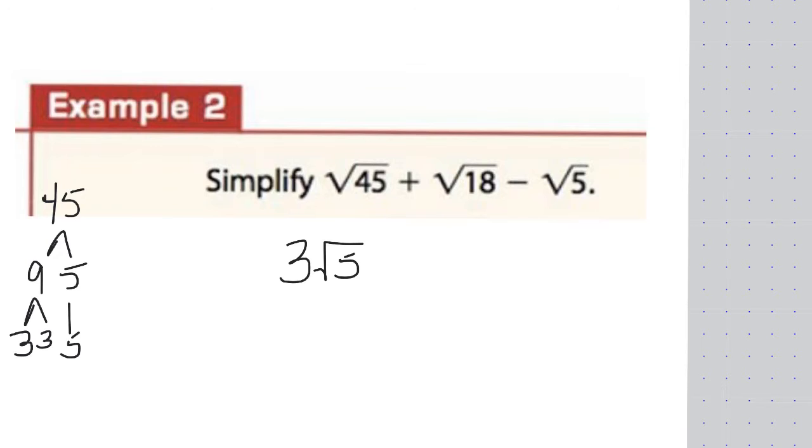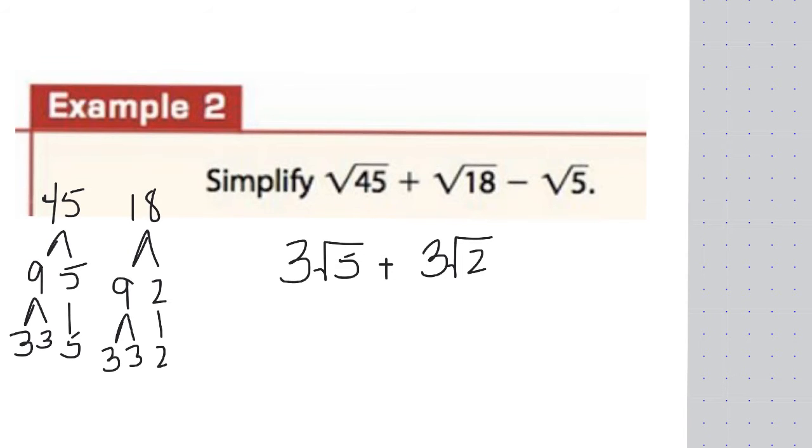Let's break the 18 down. 18 breaks down into 9 times 2. 9 breaks down into 3 times 3 times 2. Oh, so that becomes 3 square roots of 2. It takes 2 to bring 1 out. Minus square root of 5. Oh, looky.